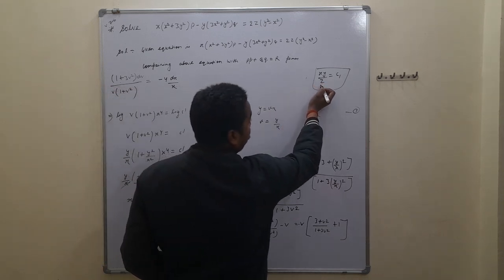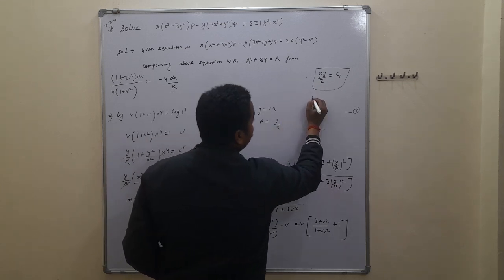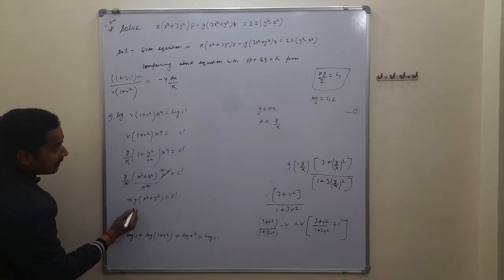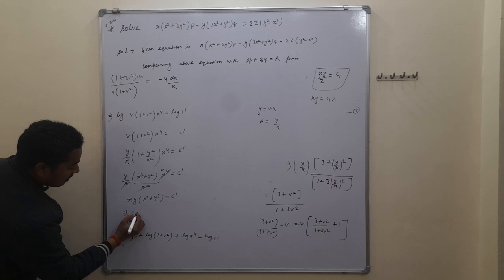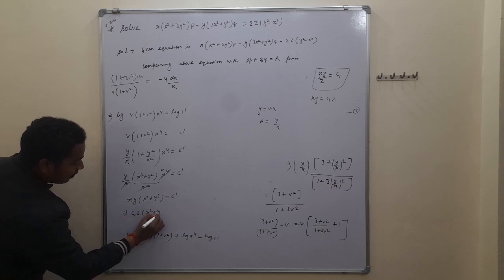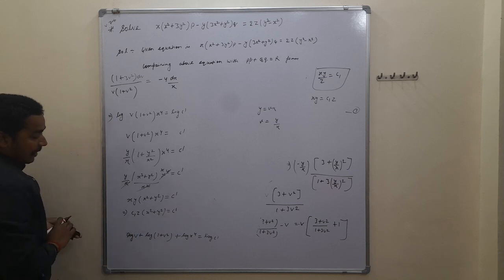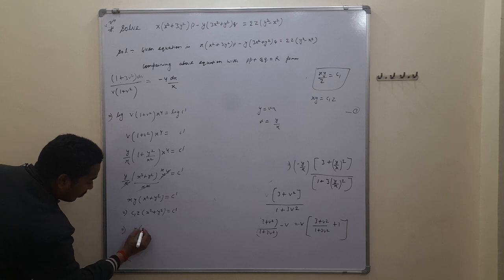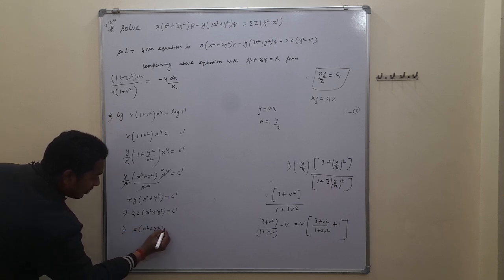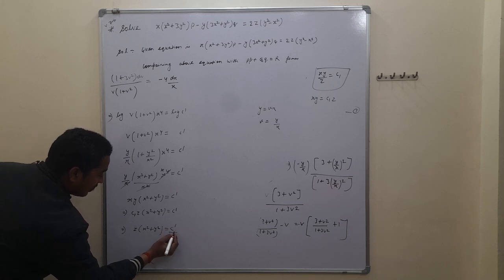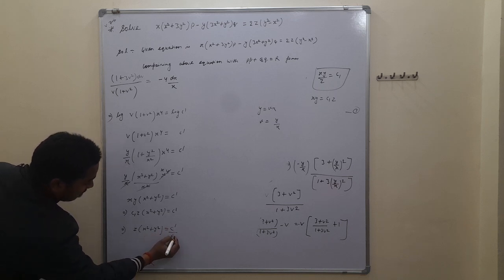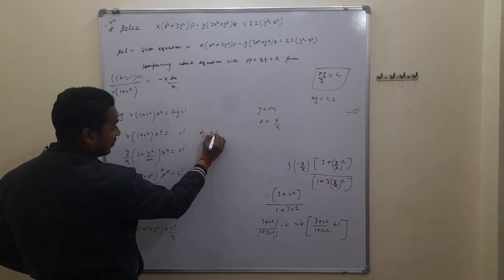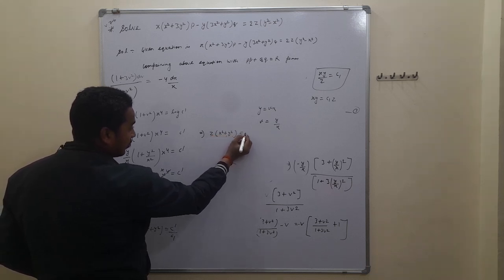We earlier found xy upon z is equal to c1, so we put the value of xy from here, this is given by c1 z. In place of xy we put c1 z into x square plus y square is equal to c dash, and further we find the value of z from here, this is given by z into x square plus y square is equal to c dash upon c1. We let constant here c dash upon c1 is c2, so z into x square plus y square is equal to c2.